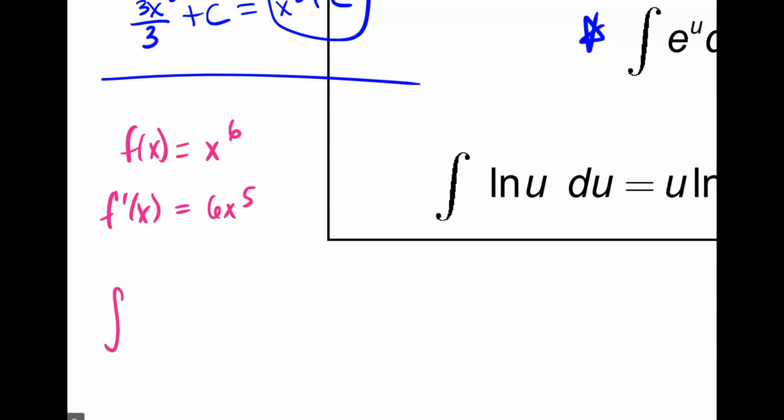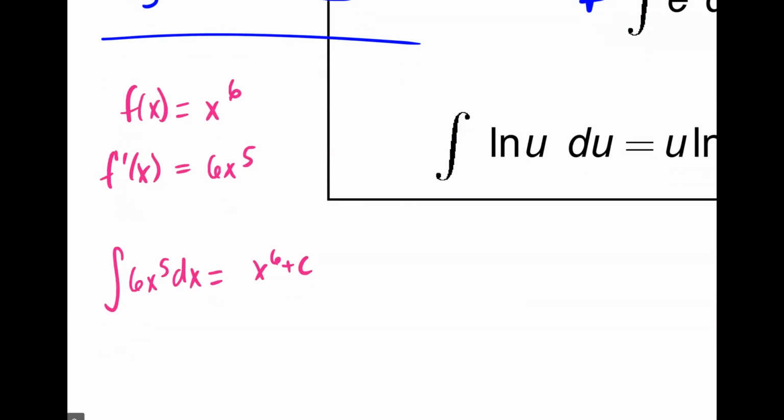Okay, so this means if I take the integral of 6x to the 5th dx, it's going to be x to the 6th plus c. Well, this is technically a plus 0, so our c would be 0 if I use that one. But all of my functions, all of my x to the 6 plus 5, x to the 6 plus 4, x to the 6 plus 100, all of those have the exact same derivative. Now, how we found this is you do 6x to the 5th, and you add 1 on the exponent and divide by the new number. So that's how we got x to the 6.